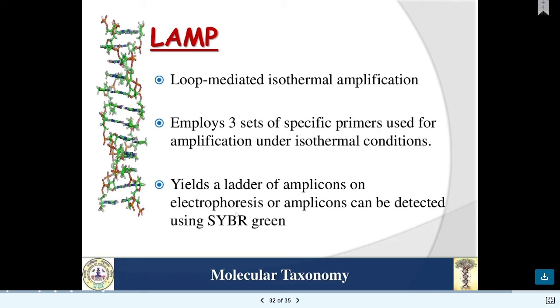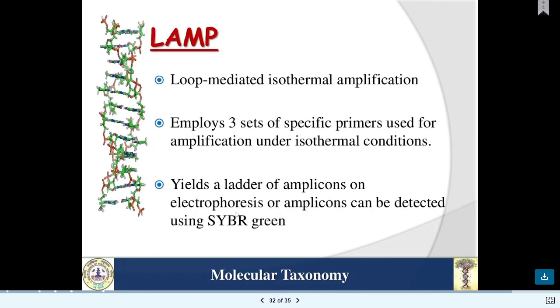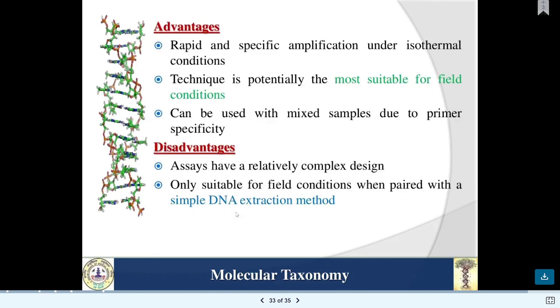We use these specific primers for amplification under isothermal conditions, and whatever amplification we get yields a ladder of amplicons on electrophoresis, or the amplicons can be detected by SYBR Green dye, and we identify which sequences have been amplified. So remember, this is called loop-mediated isothermal amplification, LAMP.